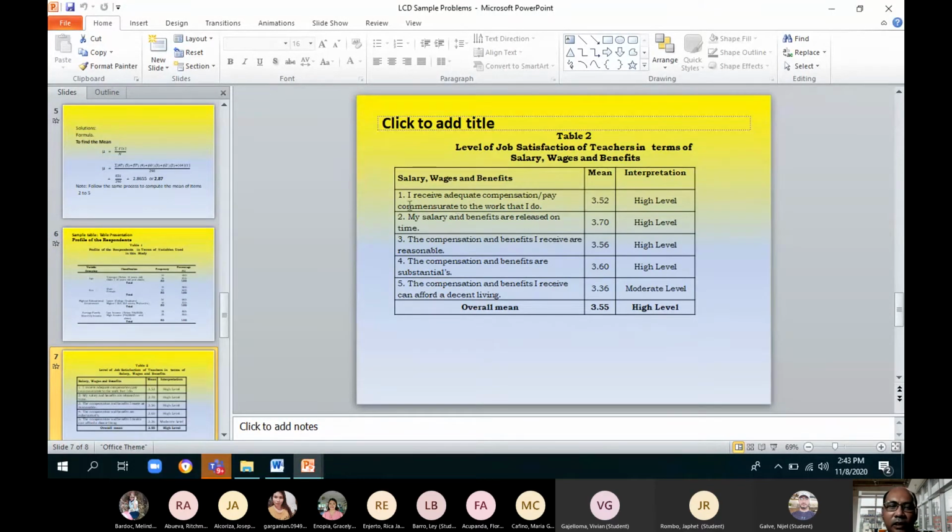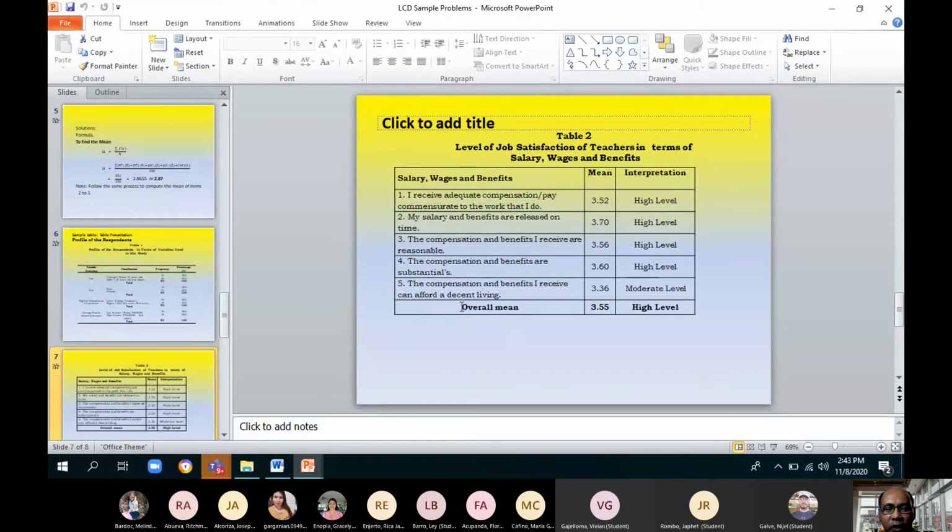Now, meaning to say, in your table presentation for problem number 2, tatlong column. Ang first column, that is your items. Ang second column, ang mean. So you should know how to compute the mean. And then, the third column is interpretations. So you should know how to interpret by using our mean score range.